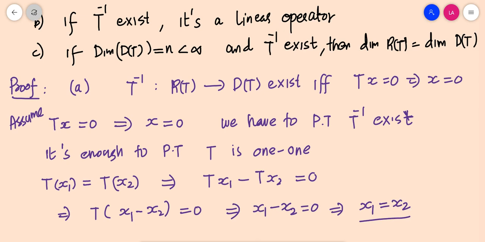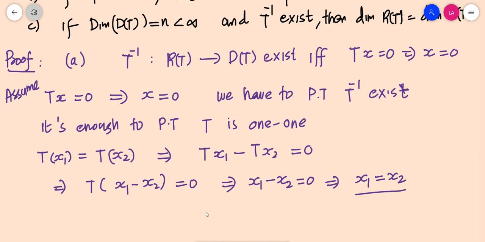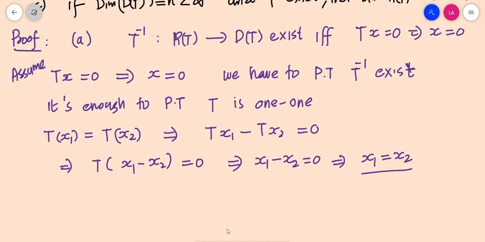So what we have proved is T(x1) = T(x2) implies x1 = x2. By the definition of injection, we can clearly state that T is an injection, which implies T inverse exists.